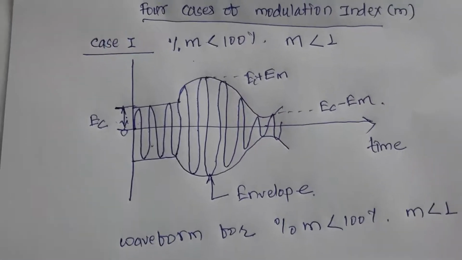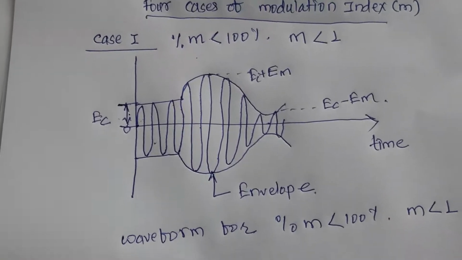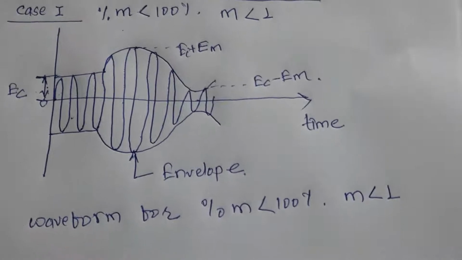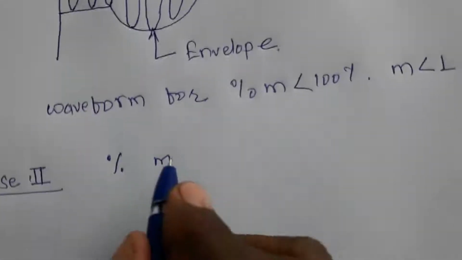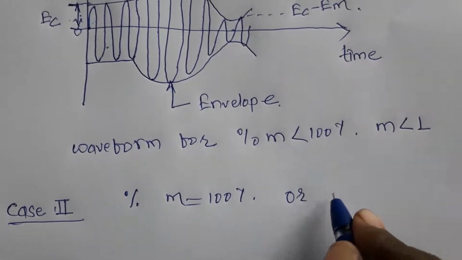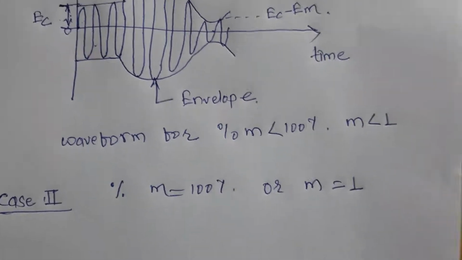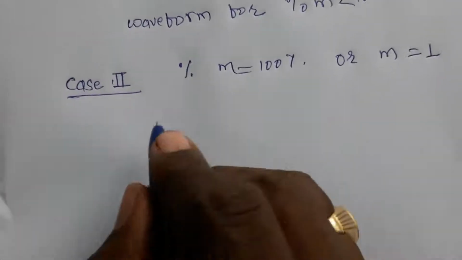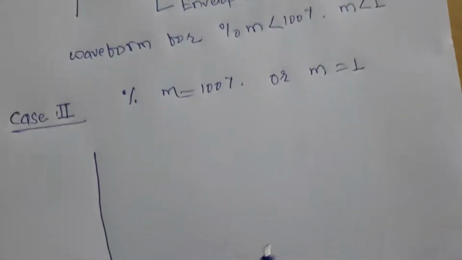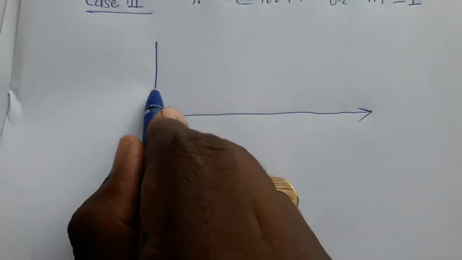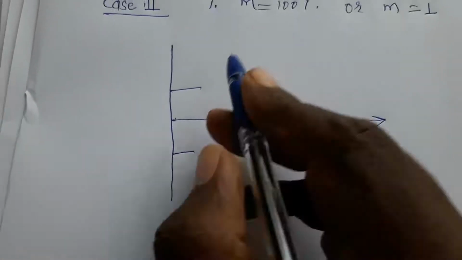Now in case 2, we are saying that the percentage m is equal to 100%, or the modulation index m is equal to 1. At that time the waveforms are drawn this way, and we also observe the same kind of signal on the CRO.